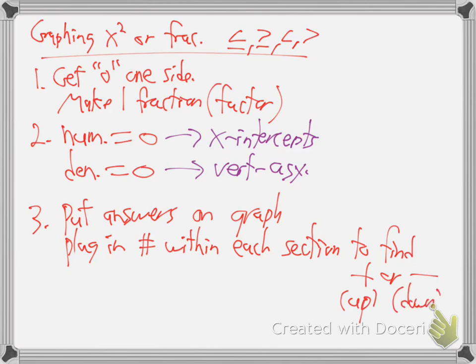You're basically going to try to find out where the graph is above and where it's below. You're basically getting a quick graph is what you're doing. That's basically the process. It's on the sideboard as well.